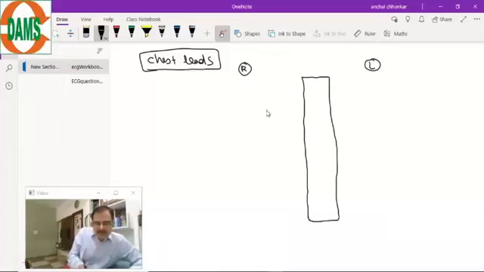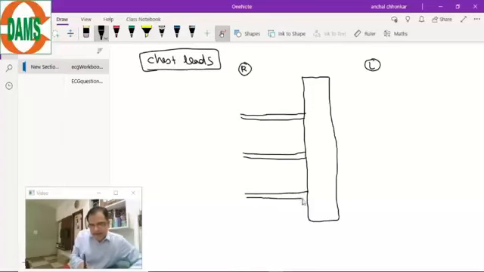Now these are the ribs. Fourth intercostal space, fifth intercostal space.